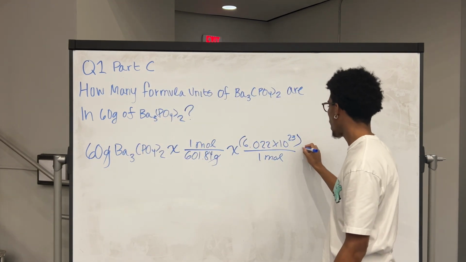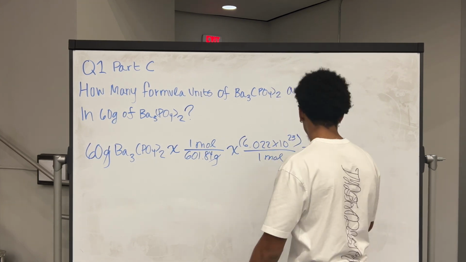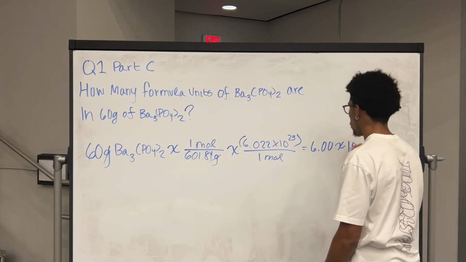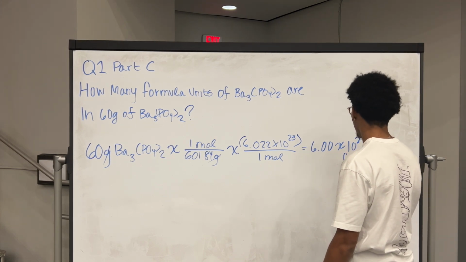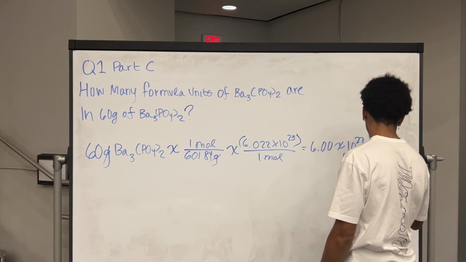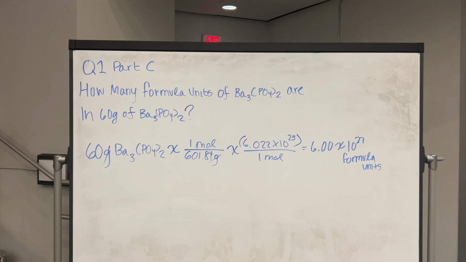So you plug this into your calculator, and the number that you're going to get is 6.00 times 10 to the 22nd formula units. And this is how you solve question 1, part C.